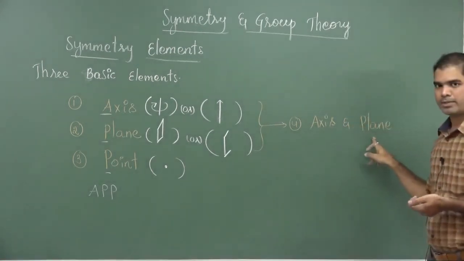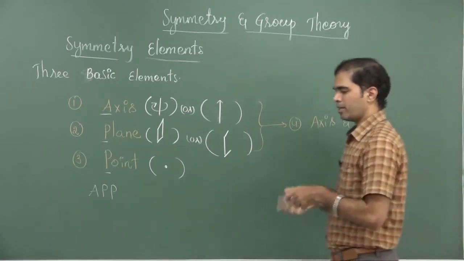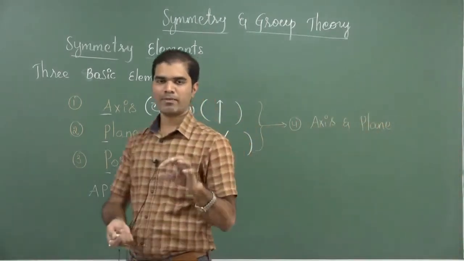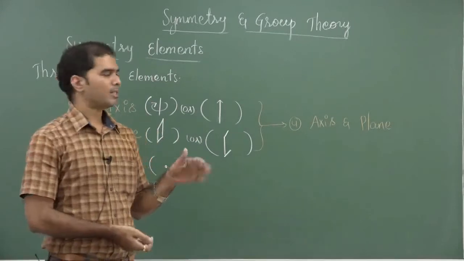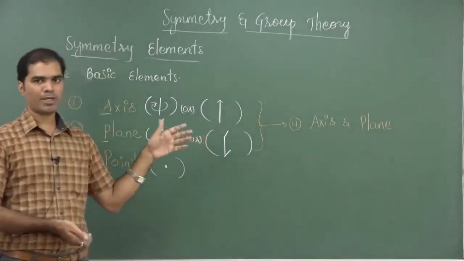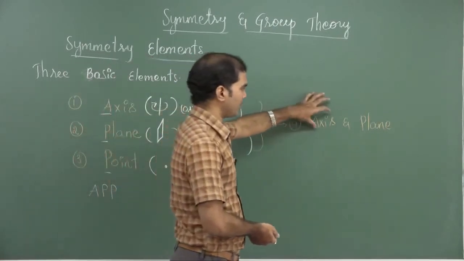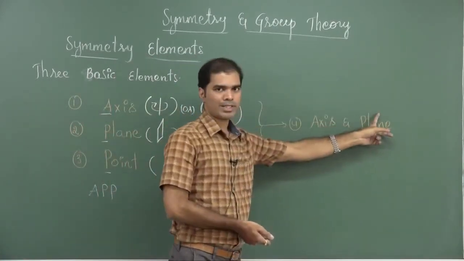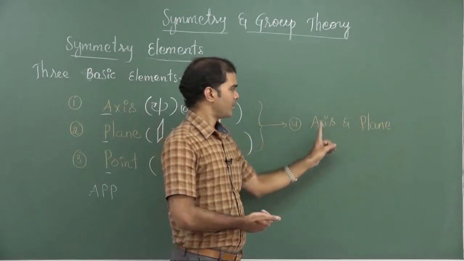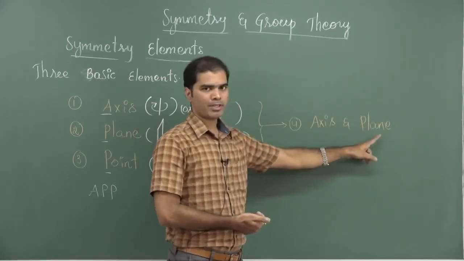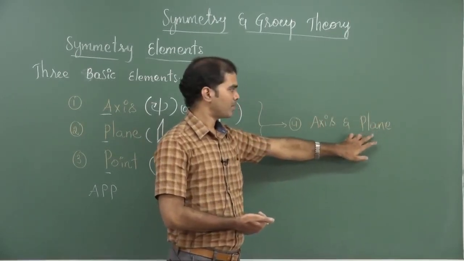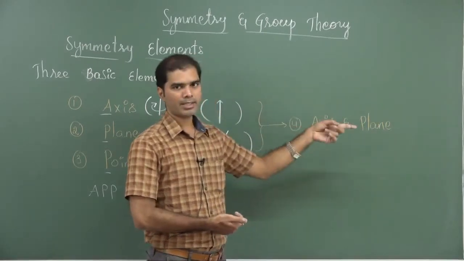What plane is it? That we particularly define when we go to the improper axis, because whenever we say plane, it could be a vertical plane, a horizontal plane, or a dihedral plane. So with respect to the axis that we choose, what kind of plane we are choosing is very important. For this alternating axis of symmetry, whichever plane we choose should be perpendicular to the axis that we choose.